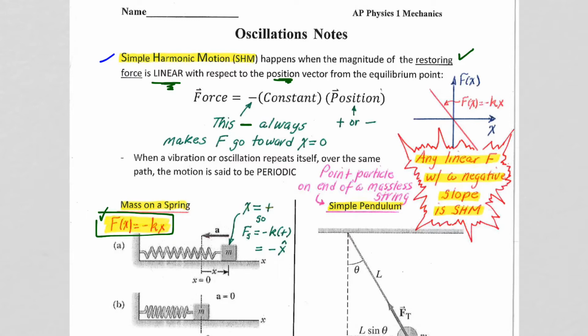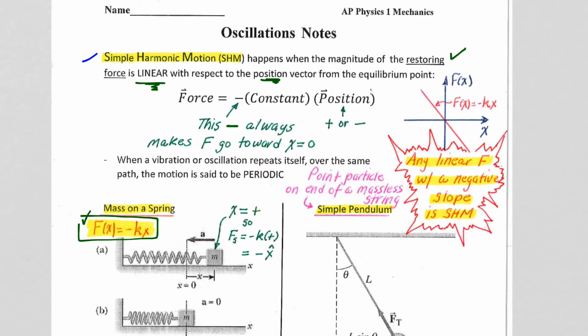So the first thing that I would like you to lock in on here is my exploded statement over here. So please get this bit down into your notes. Any linear force that has a negative slope gives us simple harmonic motion.